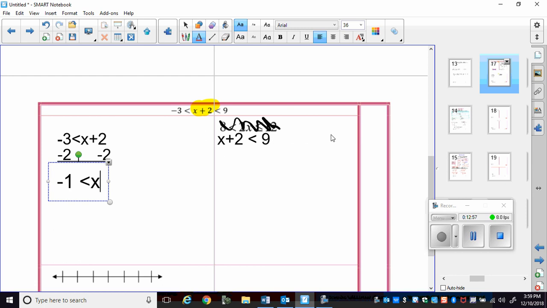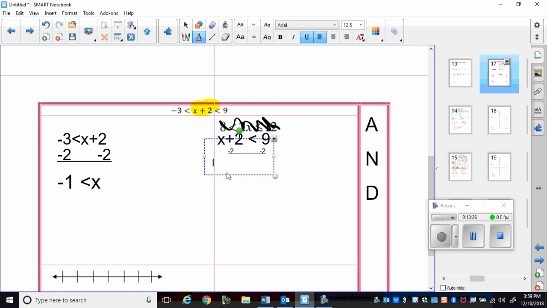So there's my first part. This is an and statement. It's an and statement. All right, and we're gonna prove it. So here I'm getting the x by itself, so I subtract 2 on both sides of this inequality.